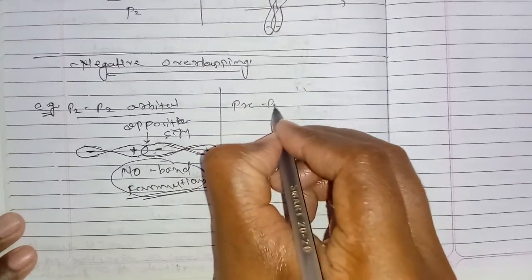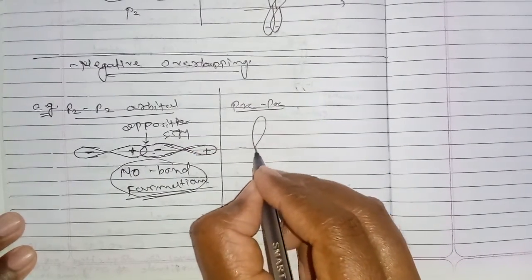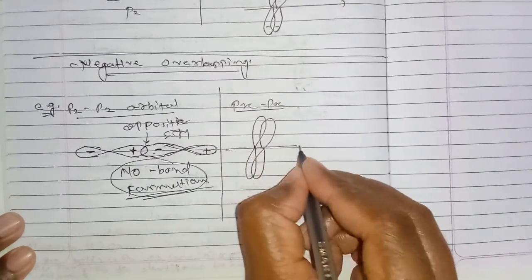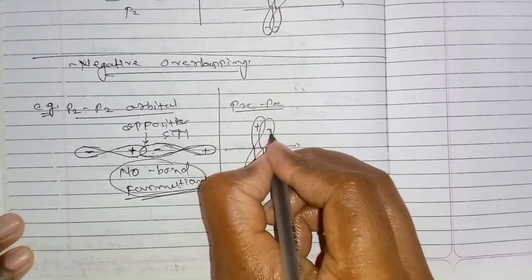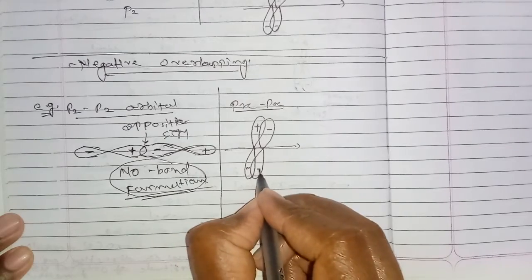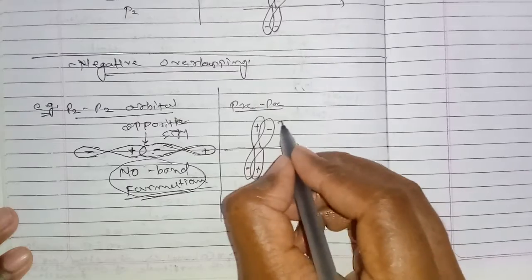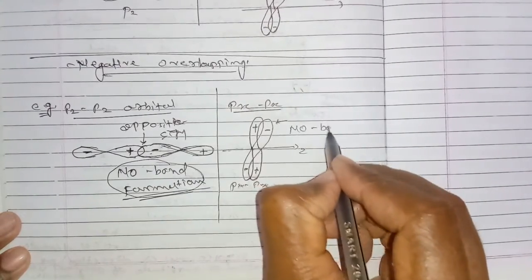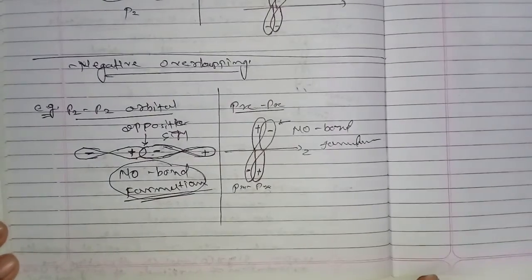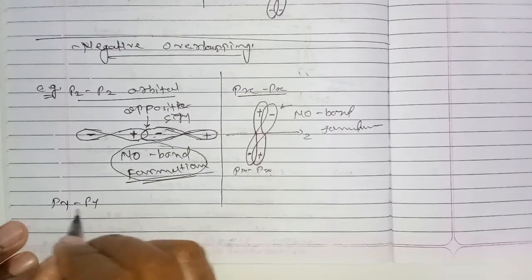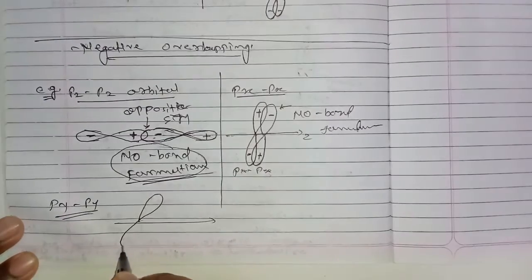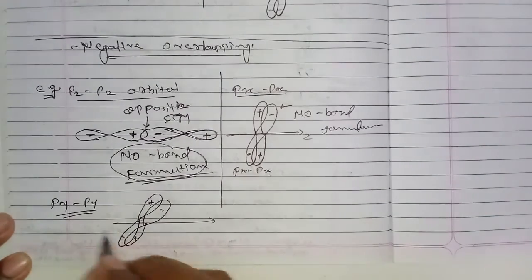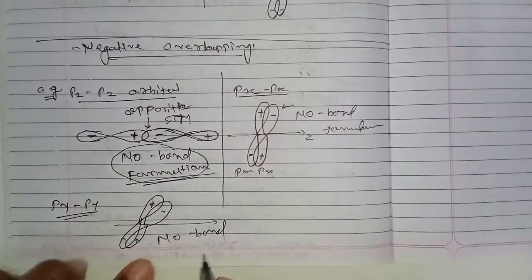Similarly in px orbitals, or in py orbitals, positive with negative or negative with positive, there is no bond formation.